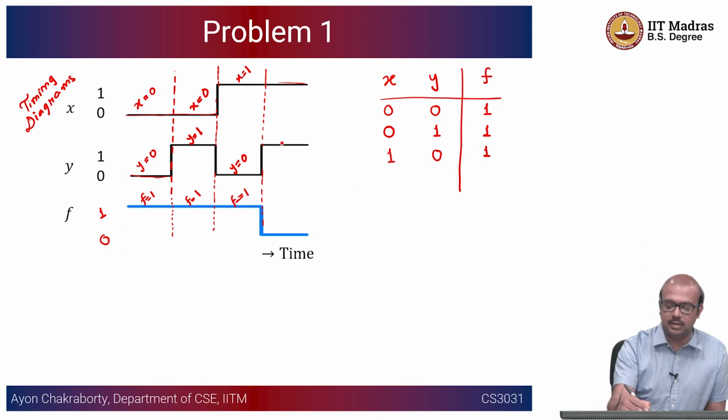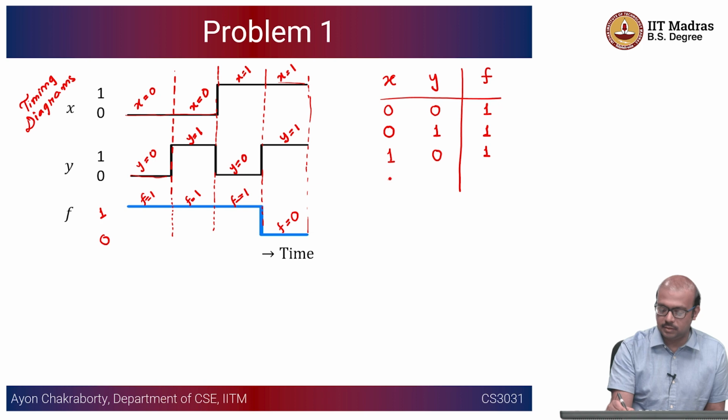And then if you see the next one, y is equal to 1, x equal to 1, and the output is 0, right? F is equal to 0. So this is 1, this is 1, this is 0, okay. So this is the truth table.